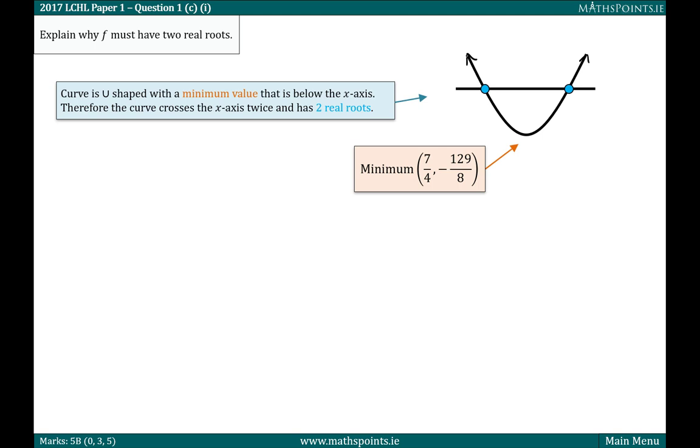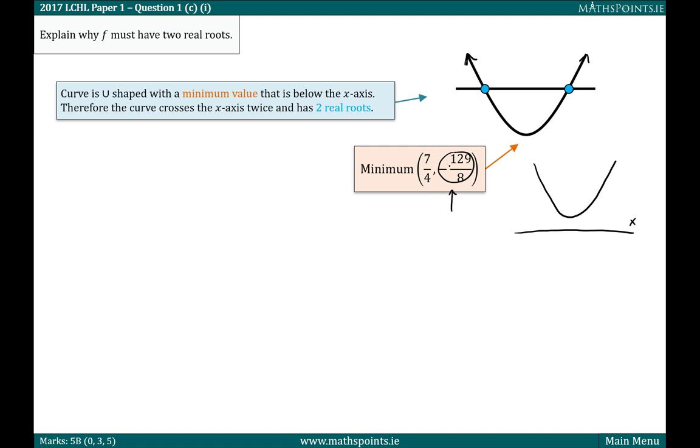So if that quadratic function is U-shaped, well then obviously if the y value is less than 0, minus 129 over 8, that means that the curve dips below the x-axis. Not all functions do. We can have a U-shaped function that doesn't go below the x-axis. That's one where the roots wouldn't be real. But we can see because the y-coordinate is a minus number, well then obviously the minimum point is below the x-axis. And so if it's below the x-axis, there's 2 real roots.